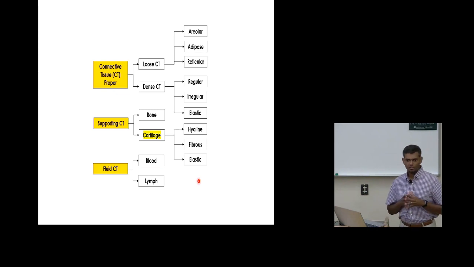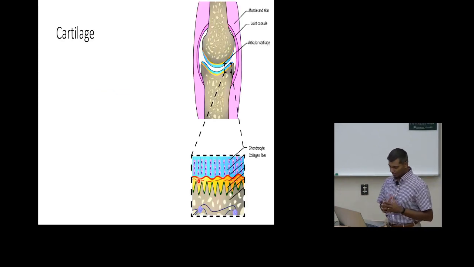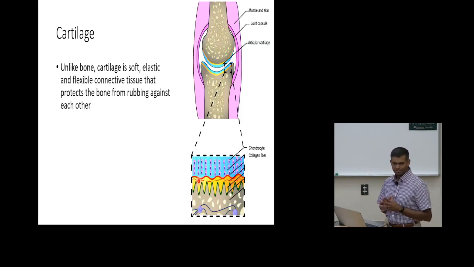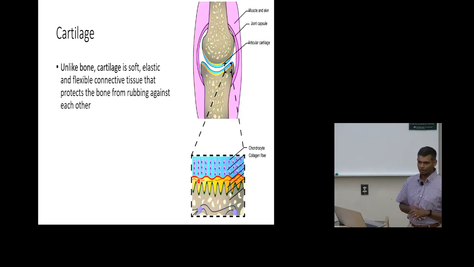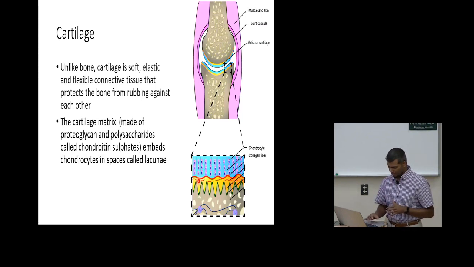So with that, we move on to cartilage. The interesting thing about cartilage is that it's going to be softer and weaker than bones, but its main function is that it helps bones from rubbing against each other. The way the cartilage can protect bones is that it's made up of a unique matrix made up of proteoglycans and polysaccharides.